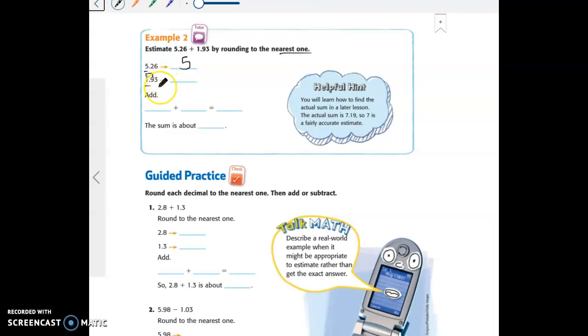Add one more. So what does that 1 become? A 2. So now I have my new estimates. We can add 5 plus 2. So what is 5 plus 2? 7. Thank you, Adeline. Okay. The sum is about 7. Pretty easy, right?